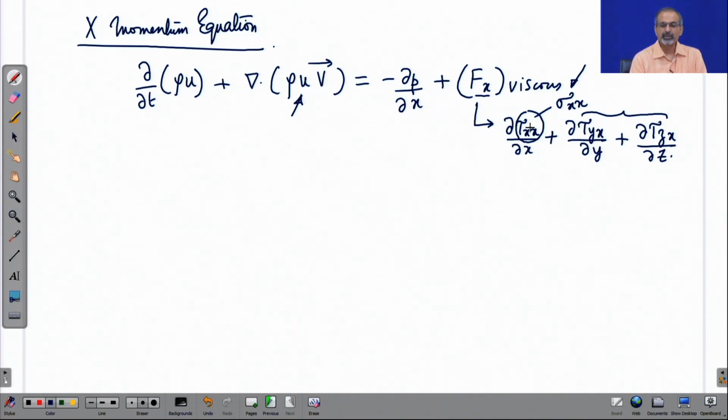Now, let us see how we can incorporate the substantial derivative in this equation. And once we learn to do it for the x momentum equation, we can similarly do it for the other components of the momentum equation. First thing first, we expand this time derivative term.